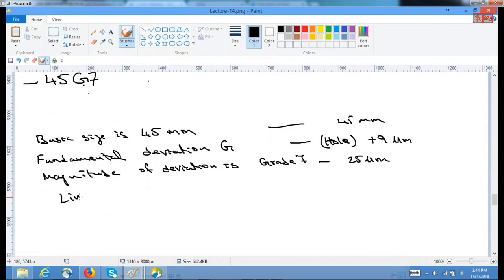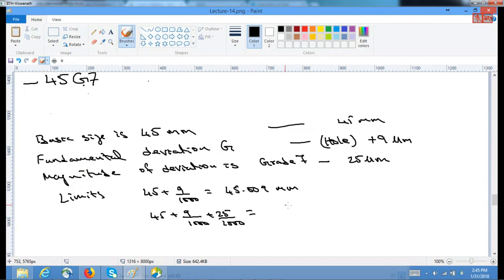So that means we can calculate our limits as 45 plus 9 over 1000, which equals 45.009 mm, to 45 plus 9 over 1000 plus 25 over 1000, which equals 45.034 mm.